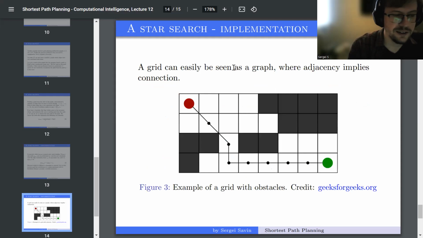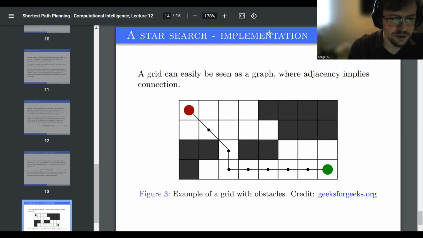Now, a grid can easily become a graph. So for a grid, you can say your connections could be something like this. You can say this node is connected to this node, to this node, and to this node.